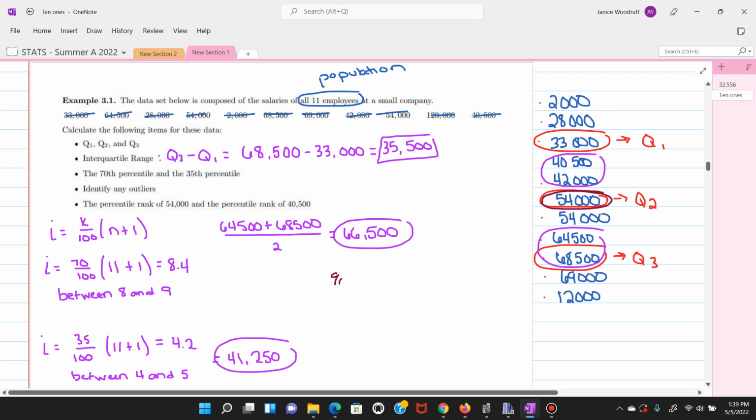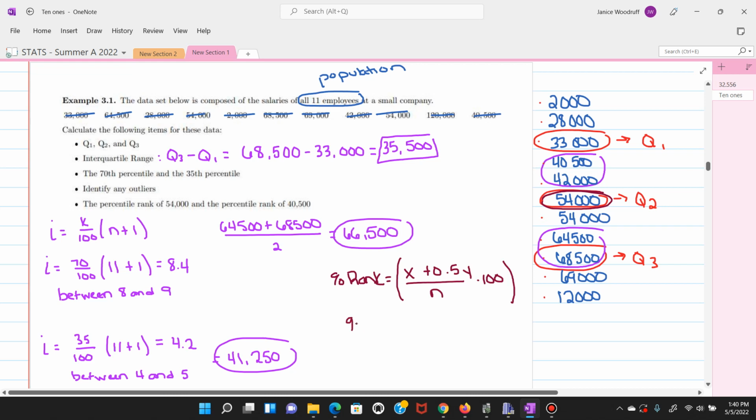So percentile rank is going to be x plus 0.5 y over n times 100. Okay, so we're using this formula here. So x is how many values are below 54,000. So 1, 2, 3, 4, 5. So 5 values below that.